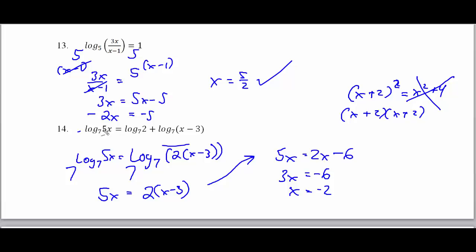This is log base 7 negative 10x. What if I put it here? This is log base 7 negative 5. So the answer in this problem is that there is no answer, no solution. So you should always check your answers, especially if they're negative. Now, you'll see, in problems 11 and 12 on this worksheet, yeah, they worked, but this one didn't work.